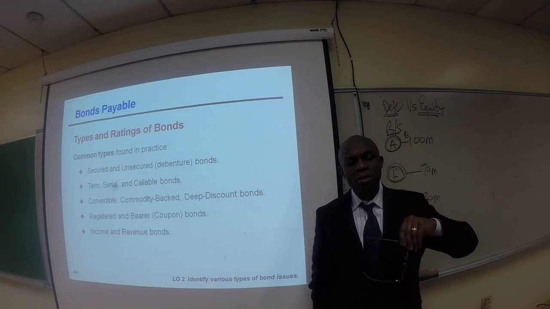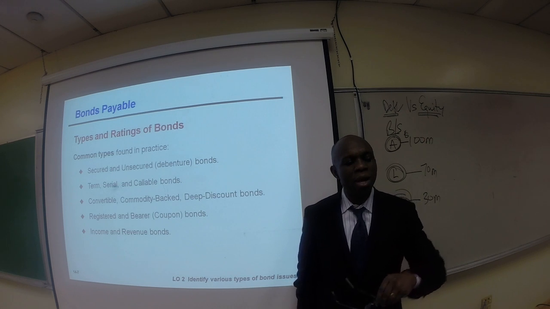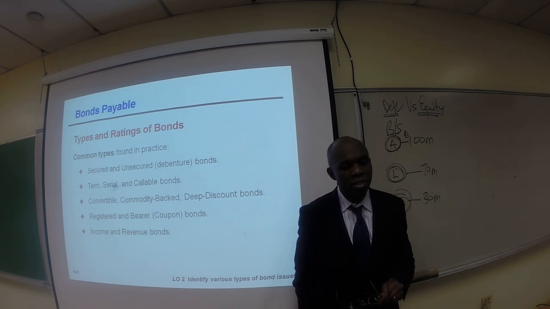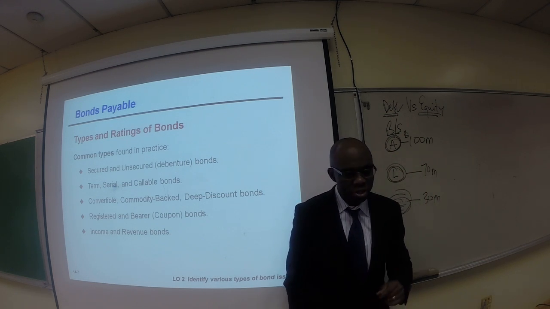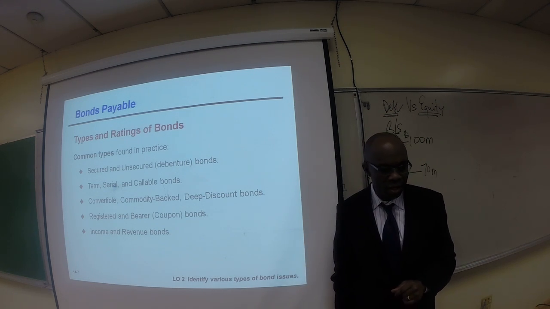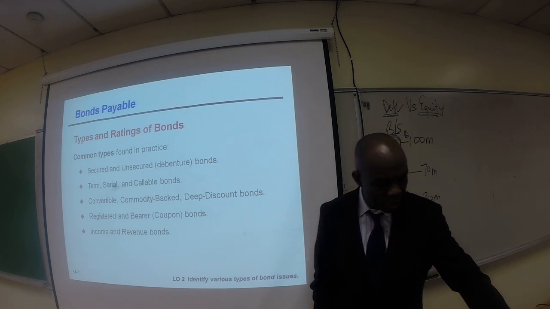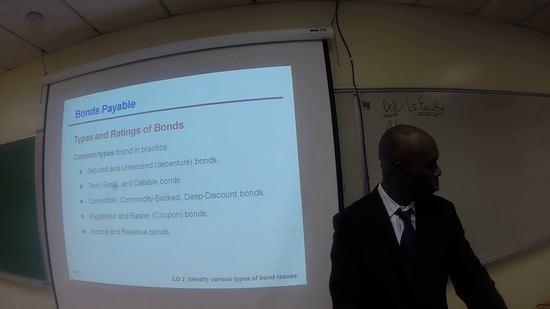Registered meaning the bond is registered to a particular individual's name, and bearer meaning whoever is the bearer has the right to claim the bond. Income and revenue bonds usually pay no interest except when the company is profitable.